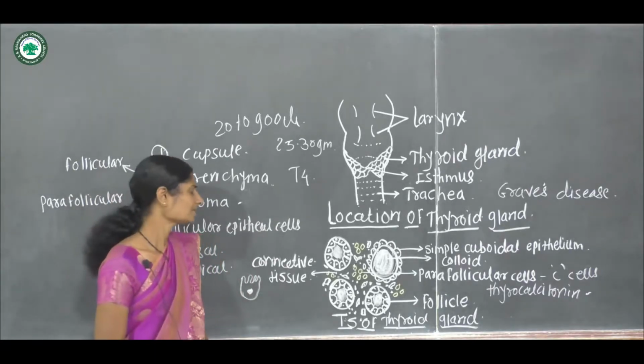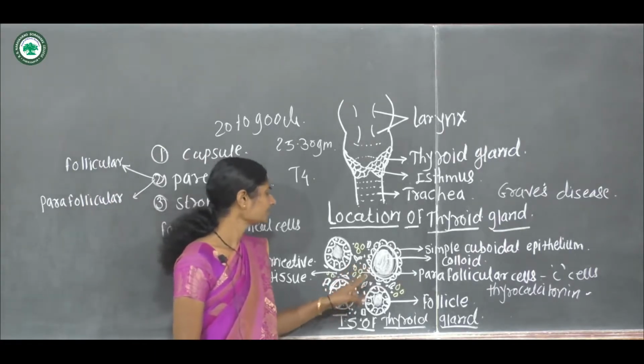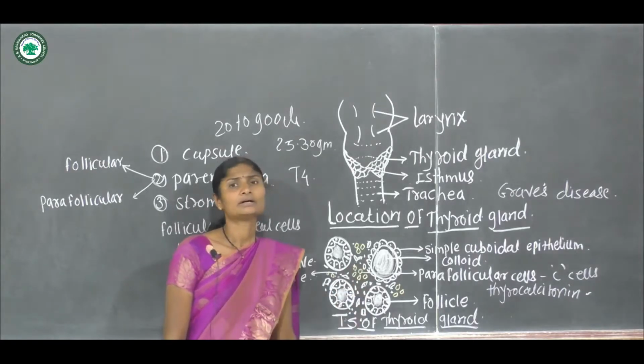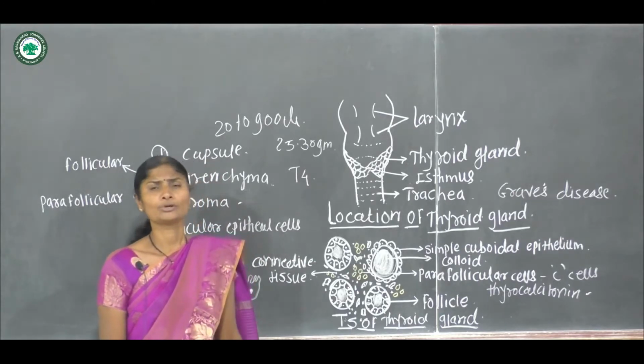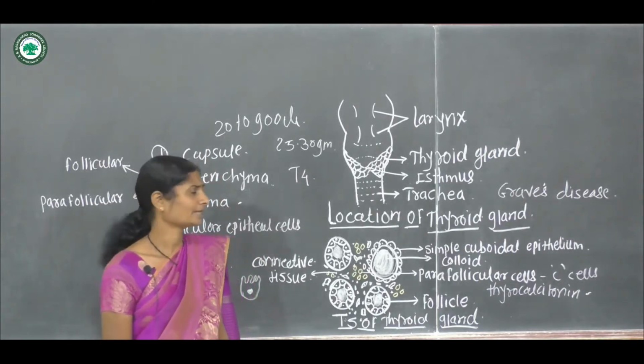Blood vessels are also present in the interfollicular space. This is all about the histology of the thyroid gland.